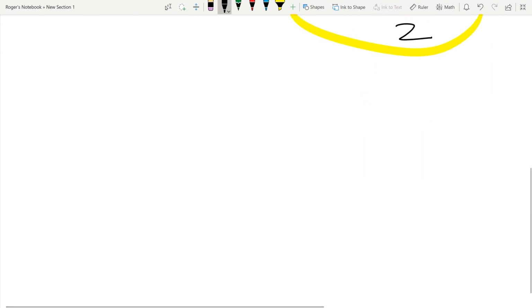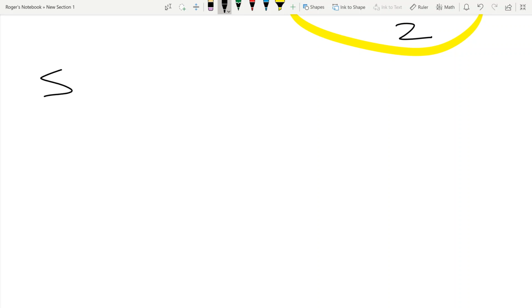Moving ahead. How do you know if you have your radical in simplified form? How do you know your expression is simplified, your radical expression? Well, simplification requires 2 things.